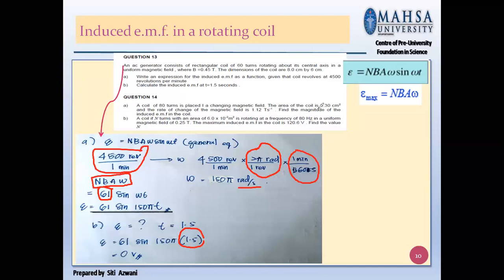Here, now before that you have your induced EMF here for part A. Change in the magnetic field. You have a change in the magnetic field dB over dt here.